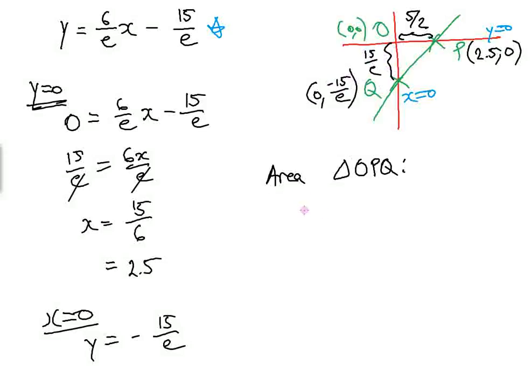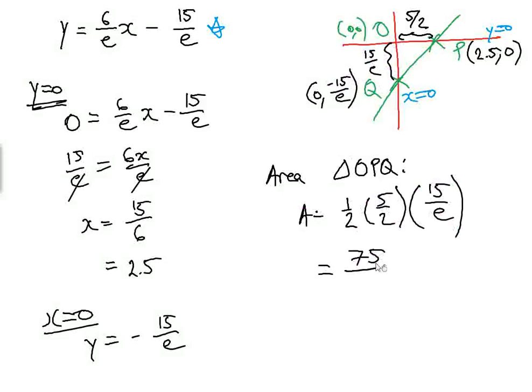So my area is going to be a half times 5 over 2 times 15 over e. So what do I end up with? I end up with 75 over 4e units squared. And I'm done.